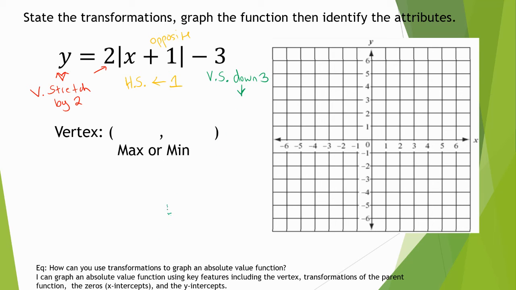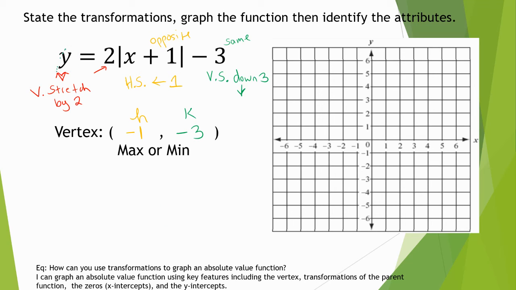Down 3. All right, so our h and our k, remember your h is the number in with the x, so it's going to be a -1 because it's the opposite, and our k is going to be the same. It's going to be -3.